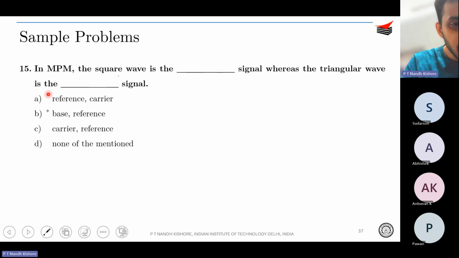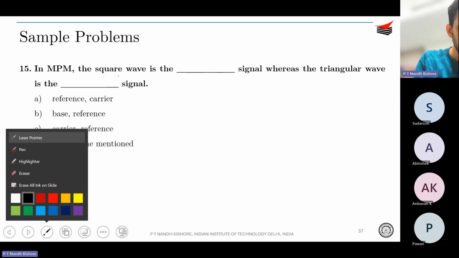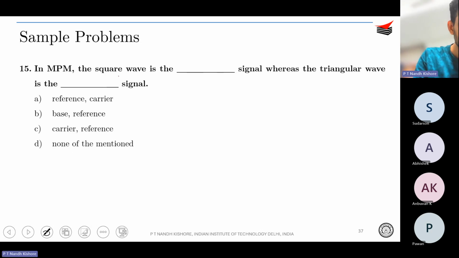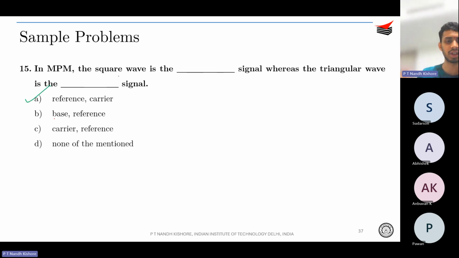So triangular wave is generally taken as the carrier signal and square wave is the reference signal. Correct.